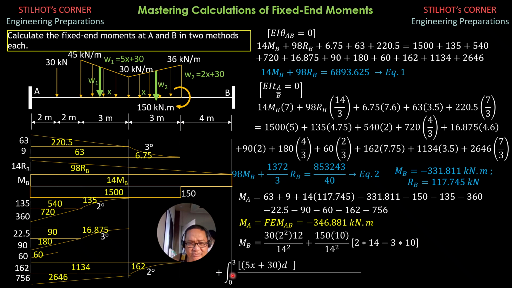So integral 0 to 3 of 5x plus 30 dx, 7 plus x times 7 minus x square over 14 square.